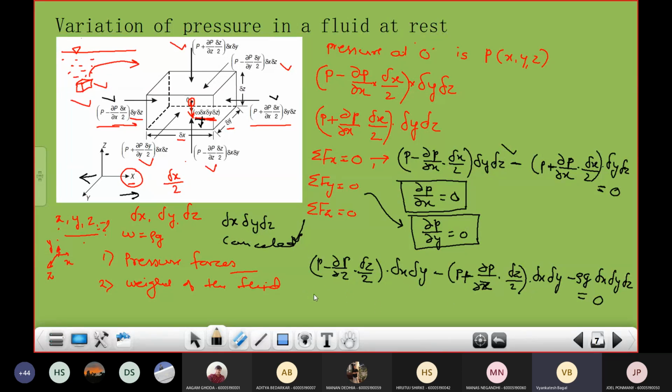What I get from the expression is dP by dz is equal to minus rho g, or equal to minus w, the specific weight, or equal to minus gamma, whatever notation you are using for the specific weight. This is the expression you will get: dP by dz is equal to minus rho g is equal to minus w, the specific weight. Is it clear?